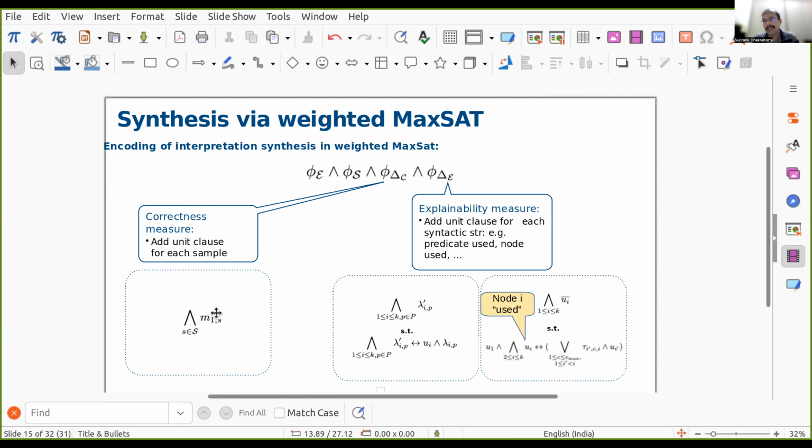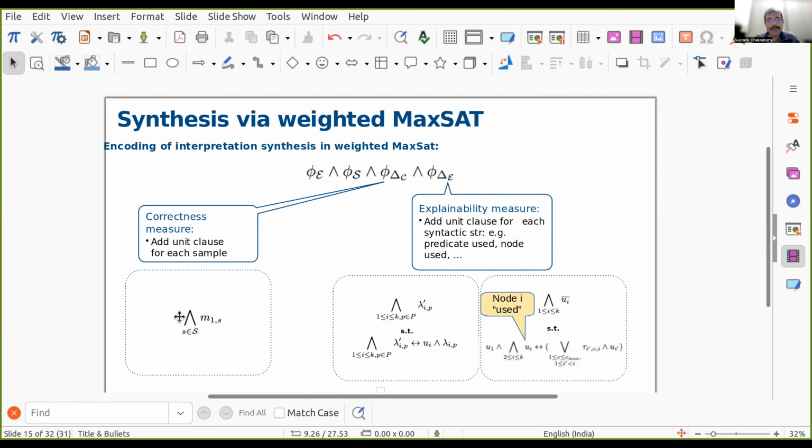So whatever it is maximizing is really the sum of these things. It is trying to maximize how many samples I give the right answer to, and the sum of these two I can think of as the explainability score: how few nodes are used, how many nodes are unused, and what predicates are used.